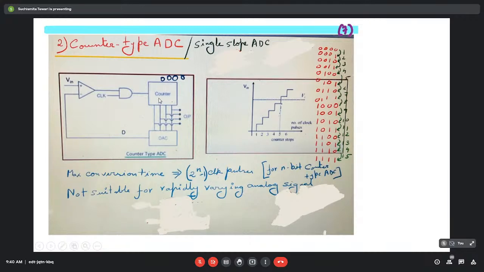Now basically the output of this counter should be compared with the input voltage, and depending on that the output should be generated, but this output is digital. Now a digital output cannot be directly compared with the analog input, right?